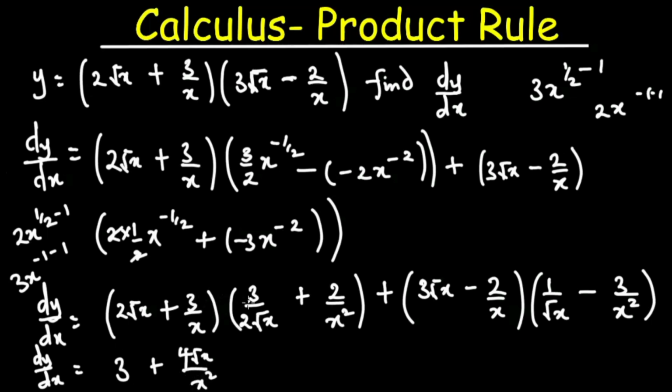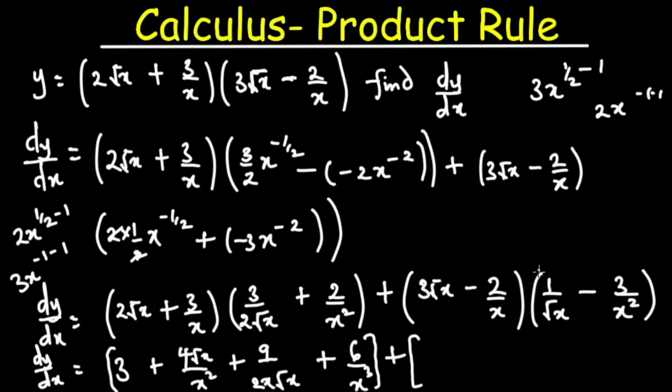Then multiply 3 over x by 3 over 2 root x, that will be plus 9 over 2x root x, plus multiply 3 over x by 2 over x squared, that will be 6 over x cubed, plus, then let's put this in a bracket and let's put this in another bracket.